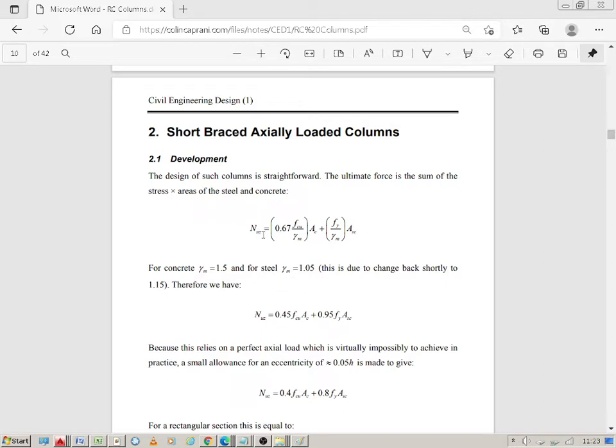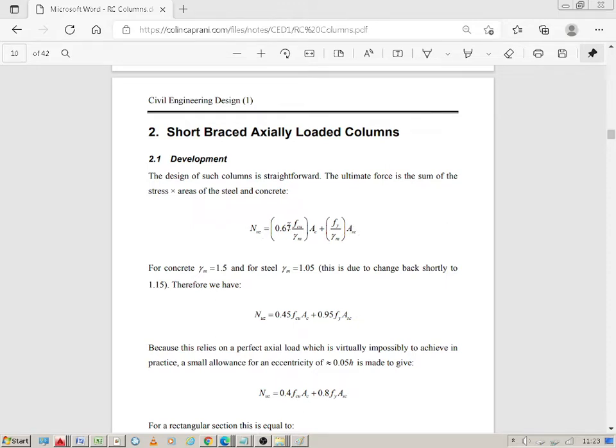So N_uz equals 0.67 f_cu divided by gamma material, times A_c, the area of concrete, plus f_y of the reinforcement steel divided by the gamma material for the reinforcement, times the area of the steel.